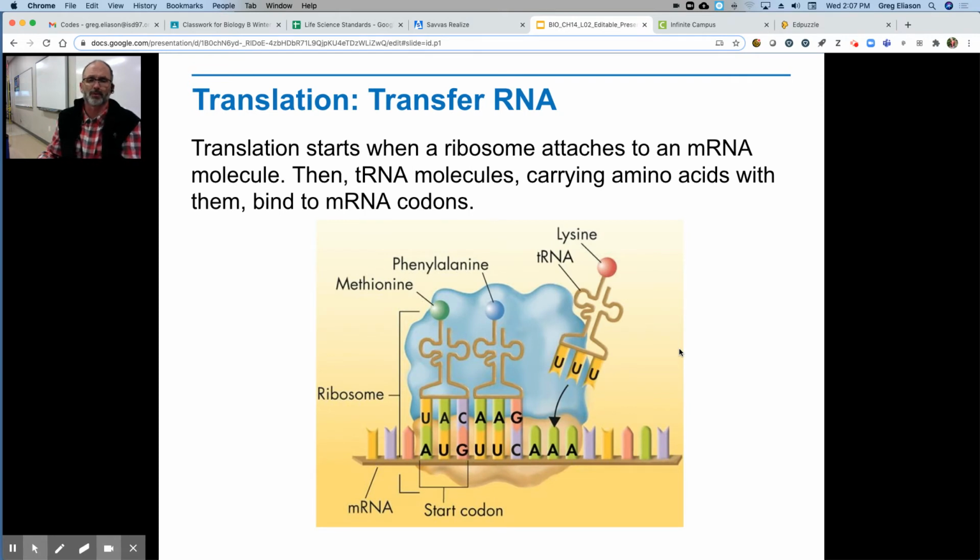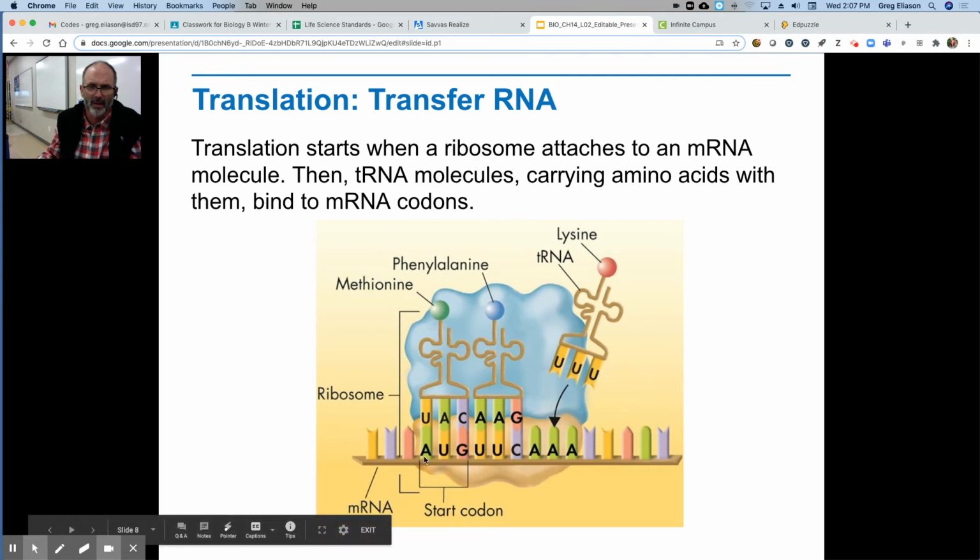Okay, let's talk about translation. So how do we get from the code to an actual protein? Well, the ribosome is going to attach to the mRNA molecule. And so this is the mRNA molecule, and the ribosome will come along and read, and it gets to this start codon, AUG.